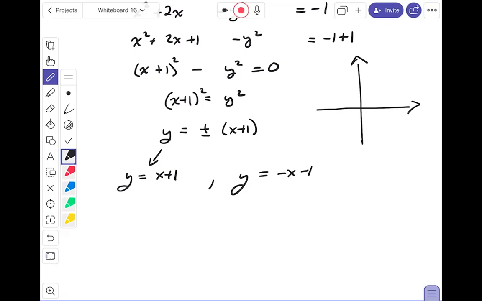I'll put that down for you. So it's like this over here, right? And then minus x minus 1, that's a line of slope minus 1. It'll look like this over here, right?